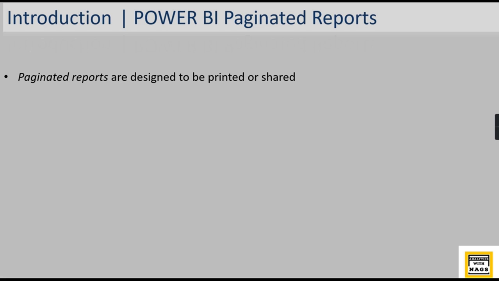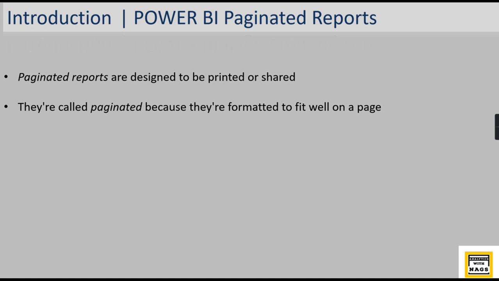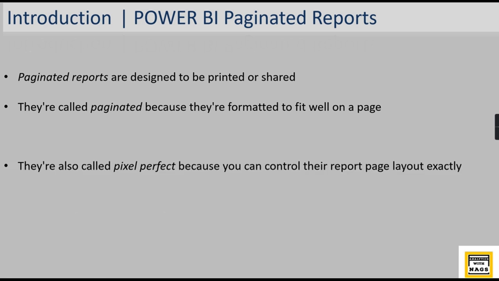But when you do a print, it will not have proper content, or you will not have the intended results. Something will span to another page, and half of the report will be printed. But here you have more control for printed reports. That is why you go for paginated reports. They are called paginated because they are formatted to fit well on a page.